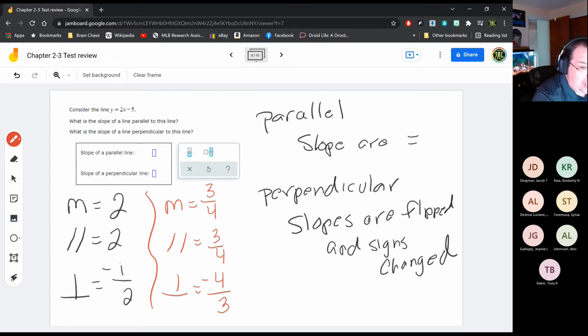If the original slope was negative, the perpendicular one would be positive. So it's not always negative; it just switches. If that was a negative, my parallel would be negative, and my perpendicular would be positive. The perpendicular one always has to be a different sign than the original.